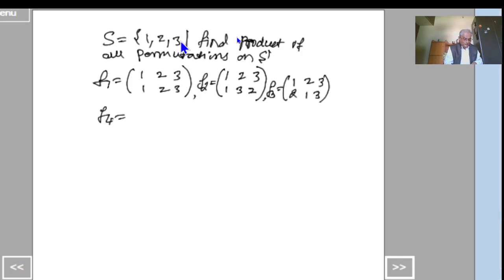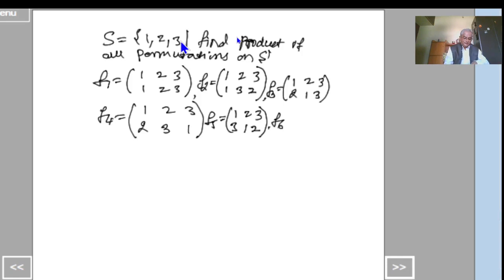And F4 is 1, 2, 3, 2, 3, 1. F5 is 1, 2, 3, 3, 1, 2. And F6 is 1, 2, 3, 3, 2, 1.